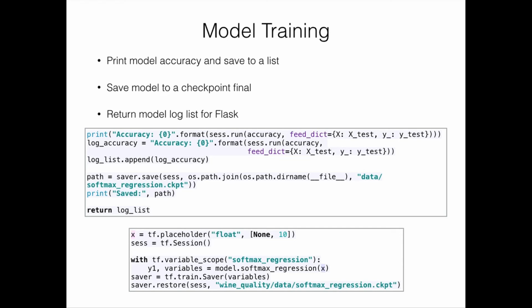This next step here is done in a separate file, and this is the main Flask web page. This is where we're going to start our TensorFlow session, and now we're going to load the saved model. And that's what we're doing in this with clause here.